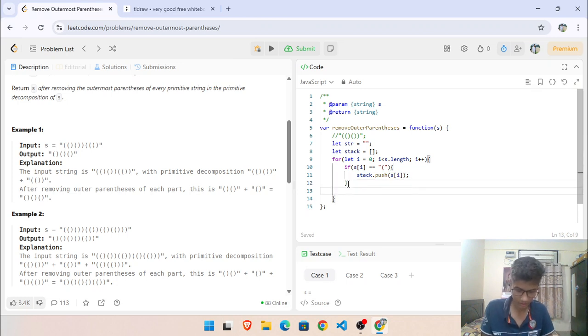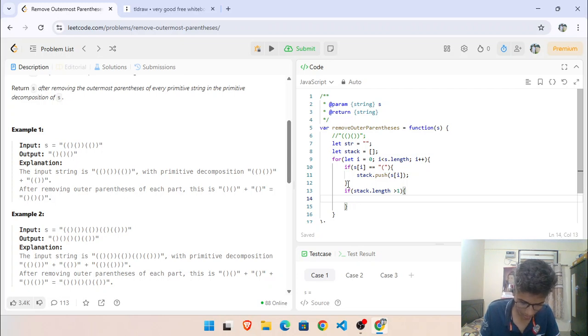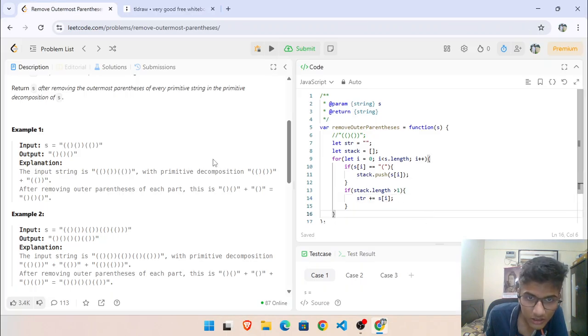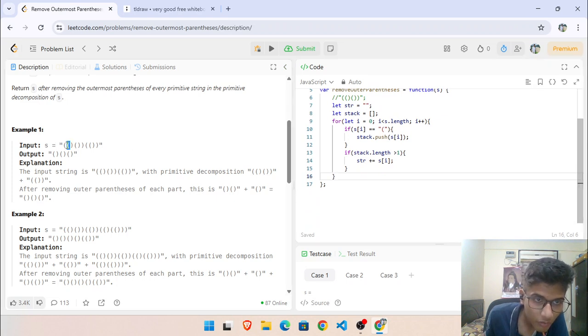See, if stack dot length is greater than 1, I'm writing the opposite statement of that: str plus equals s of i. So right now my stack dot length is 1, it is not greater than 1. So str will contain nothing right now. Str will be empty.